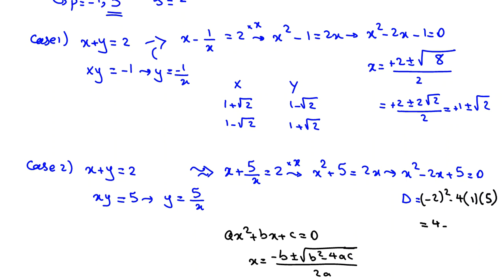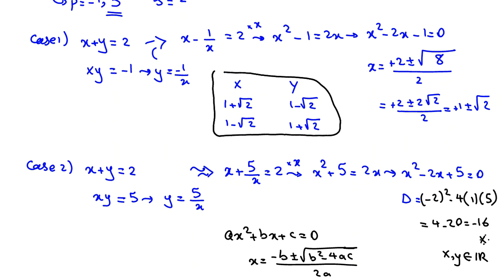It will be 4 minus 20, which is negative 16. And the thing inside the square root is negative. So that's a contradiction. Why? Because x and y are real from the assumption of the problem. So we have only these two answers.